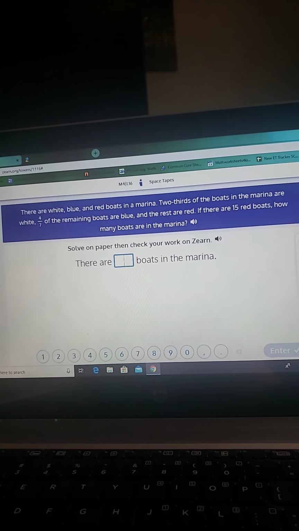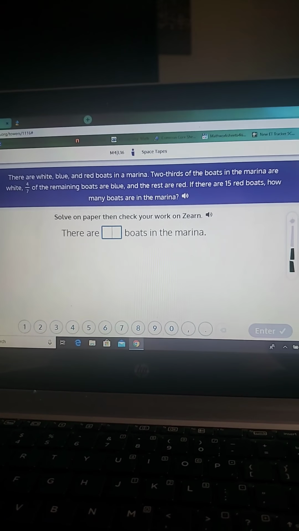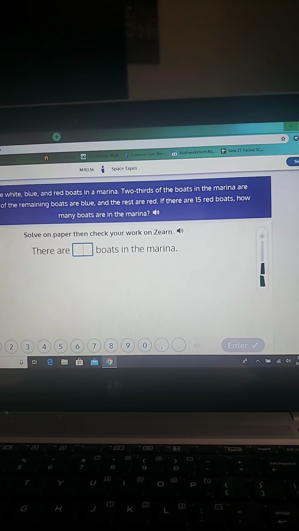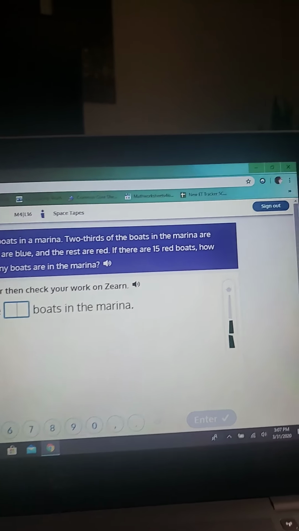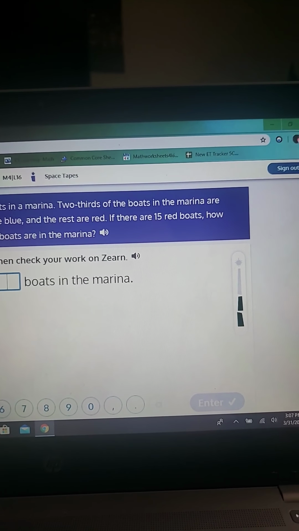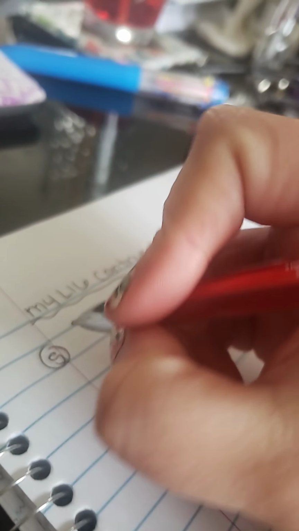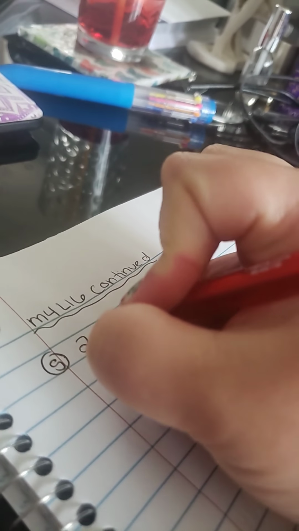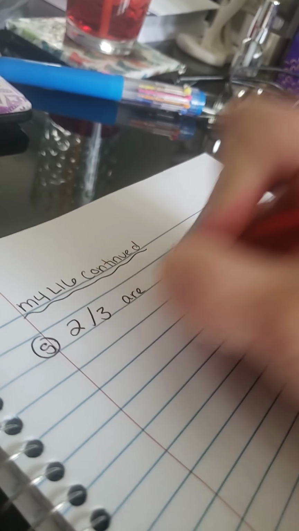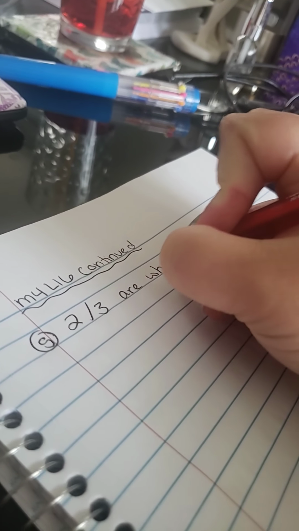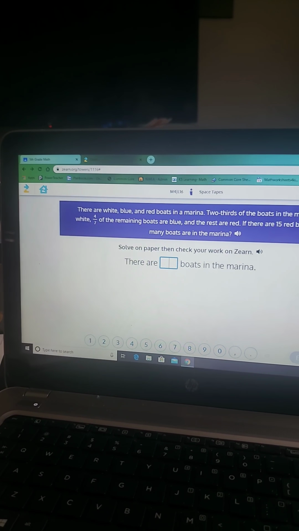So we're going to take this one step at a time to convert our information to a piece of paper. So my first bit of information is that 2/3 of the boats in the marina are white. So I'm going to write that on my paper. 2/3 are white. Next bit, it says 4/7 of the remaining boats are blue.